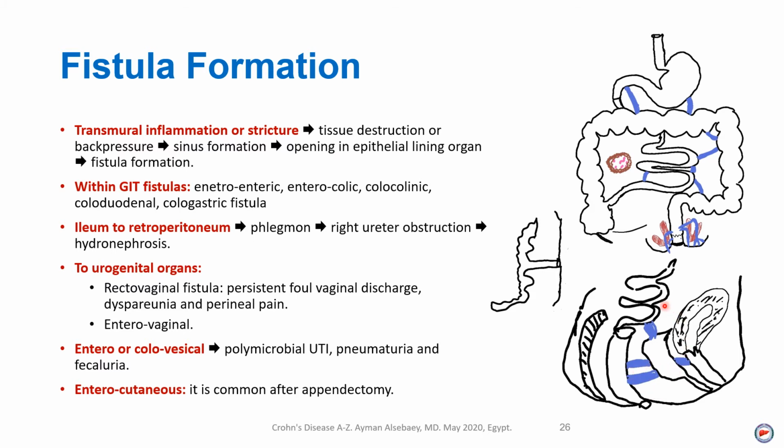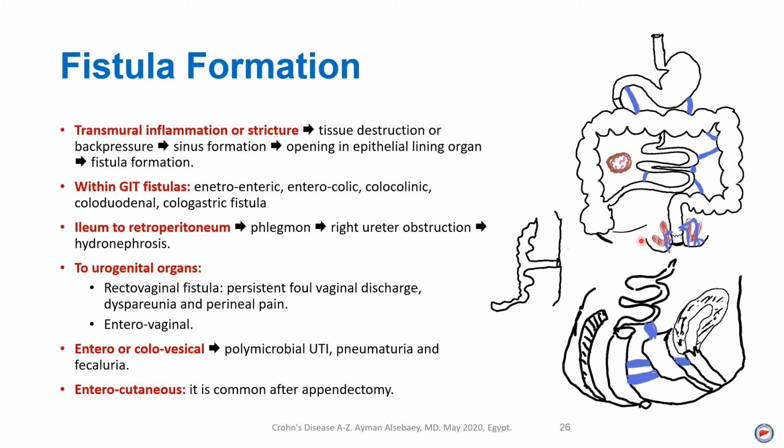In patients who underwent hysterectomy, there will be formation of fistulae between the rectum and the vagina, which we will call rectovaginal fistulae. Okay, so the patient will have dyspareunia and awful vaginal discharge.